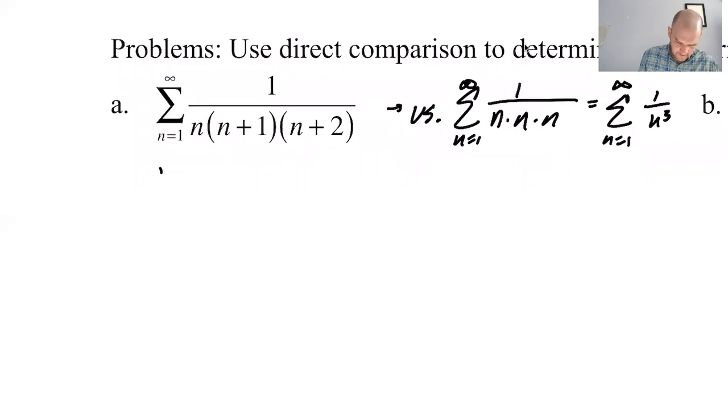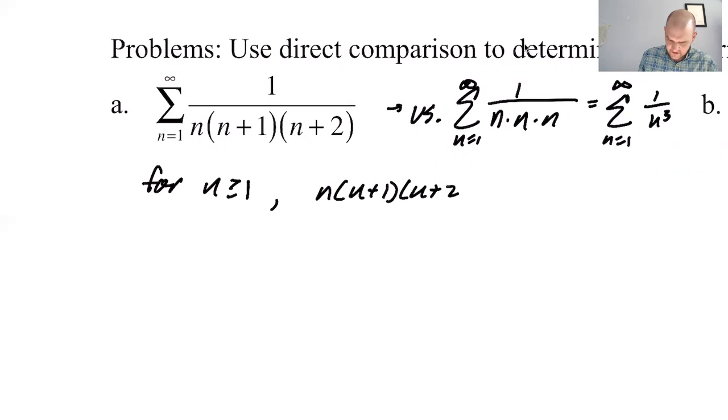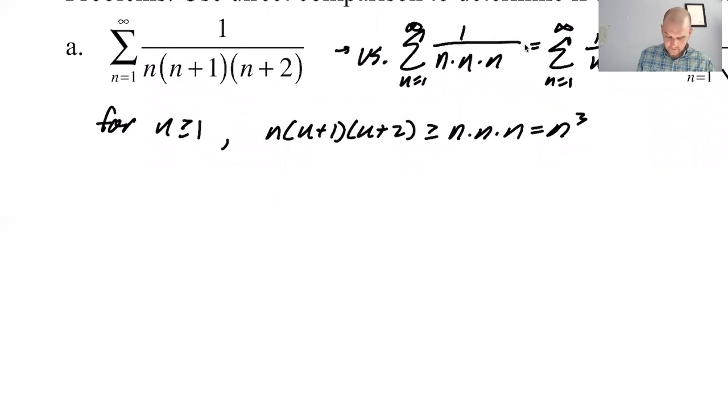So I'm going to say for n greater than or equal to 1, n times n plus 1 times n plus 2 is definitely greater than or equal to n times n times n, which is n cubed. And then I'm going to take reciprocals. So 1 over n times n plus 1 times n plus 2 is less than or equal to 1 over n cubed.